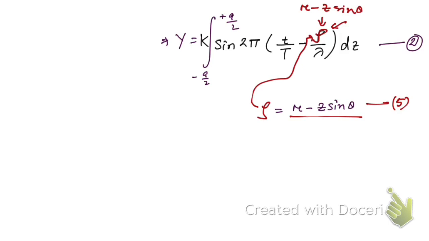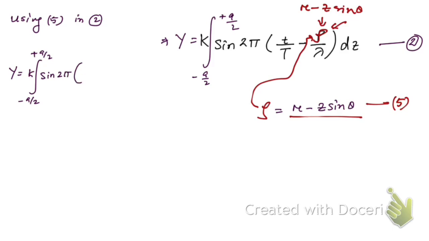Using 5 in 2, then y is equal to k integration from minus a by 2 to plus a by 2 of sine 2 pi within bracket small t by capital T minus, and here instead of rho we're gonna write r minus z sine theta divided by lambda, then bracket close dz. That's what we have got, if we replace this rho by this value.